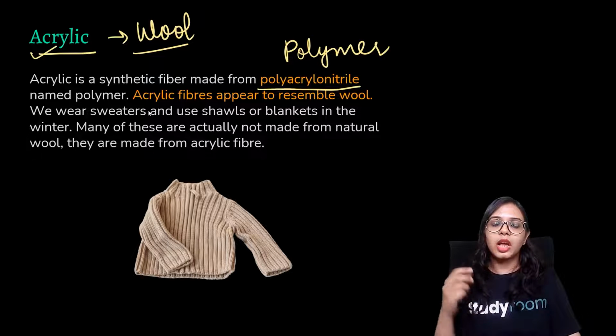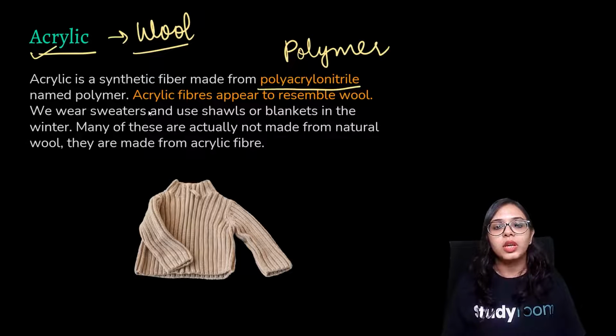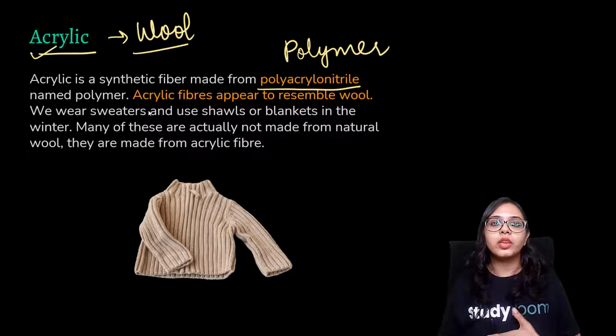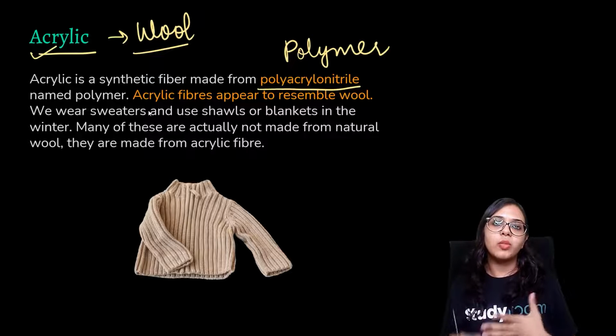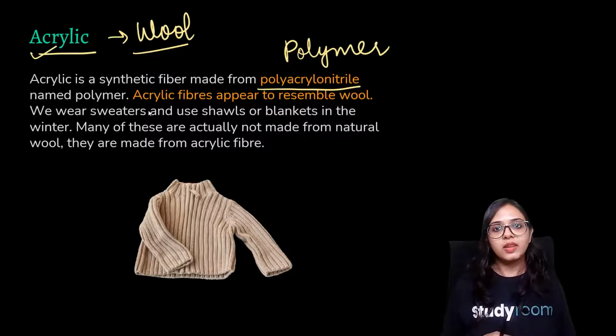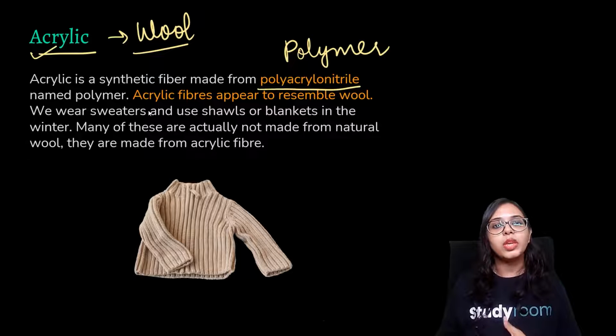Products made from 100% natural wool are difficult to find. Therefore, synthetic fibers are in vogue now, where we use a combination of synthetic and natural fibers, or in some cases purely synthetic fibers, to cut down the demand for natural fibers, so that naturally occurring material can be preserved and conserved for future uses.